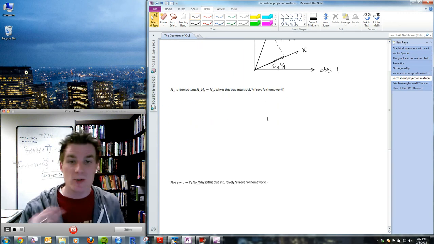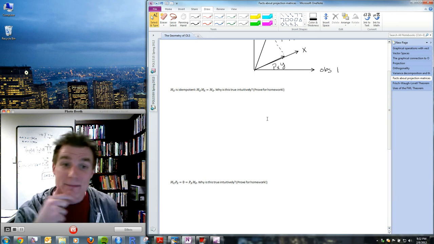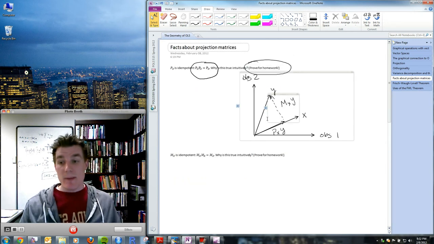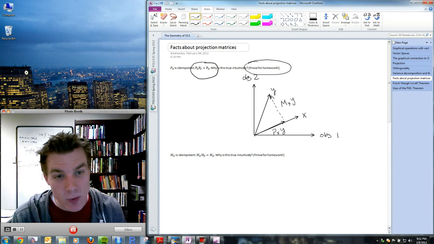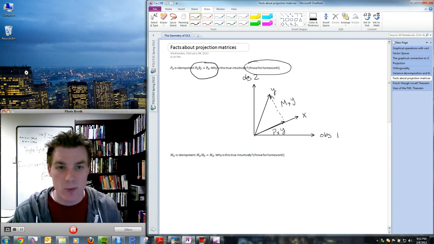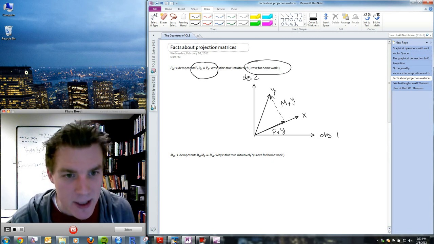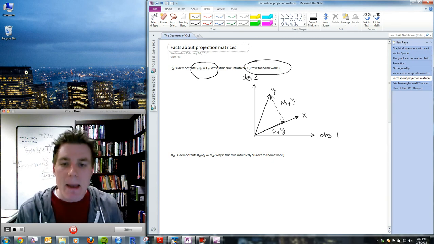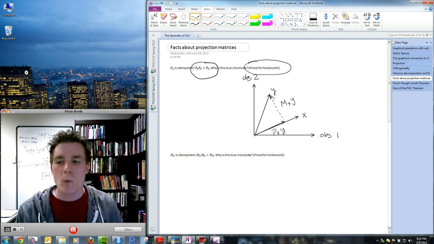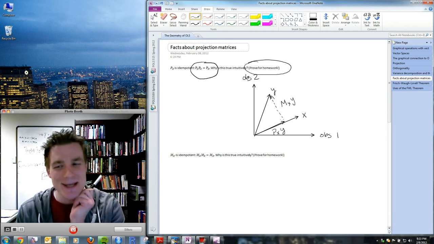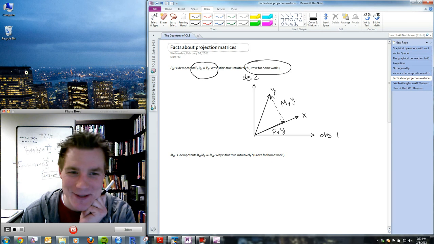Mx is idempotent as well, and this fact is true intuitively for a similar reason to the one above. Remember that Mx tells you the portion of some variable y that can't be projected onto x. So here's Mxy right here in this diagram. It's a little harder to explain intuitively.